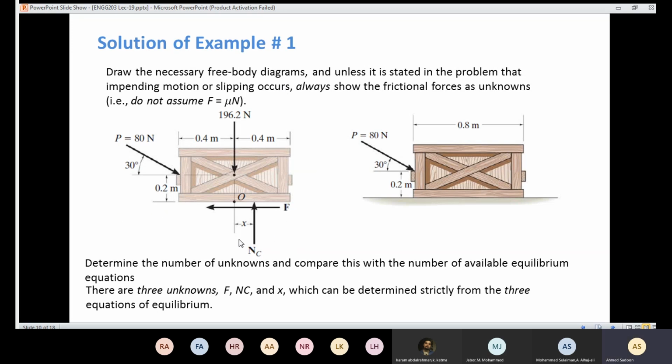We have the normal force, we don't know as well. And the distance x, we also don't know. So we have 3 unknowns and we have 3 equations. In that case, I'm able to solve the unknowns.